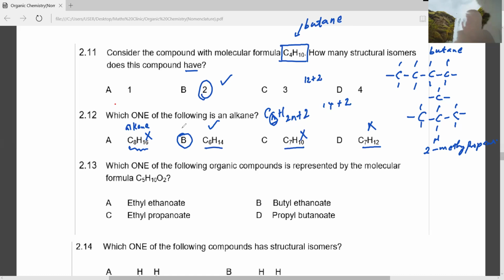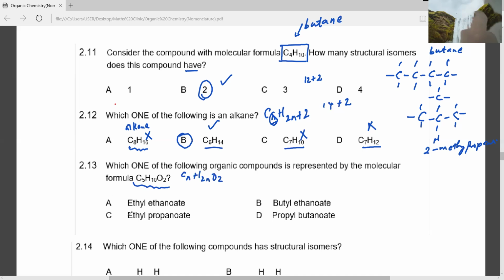Okay. Then which one of the following organic compounds is represented by the molecular formula C5H10? This can be a molecular formula for an ester or a carboxylic acid, because it's CnH2nO2.